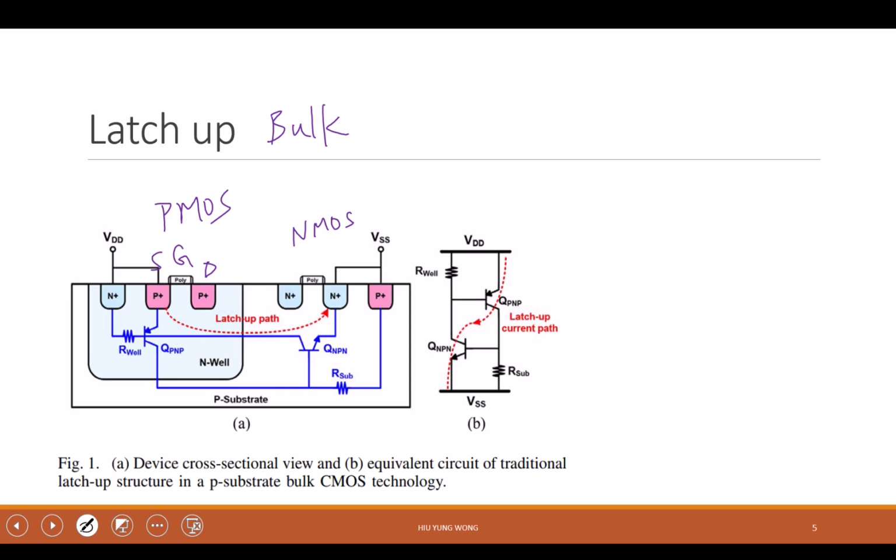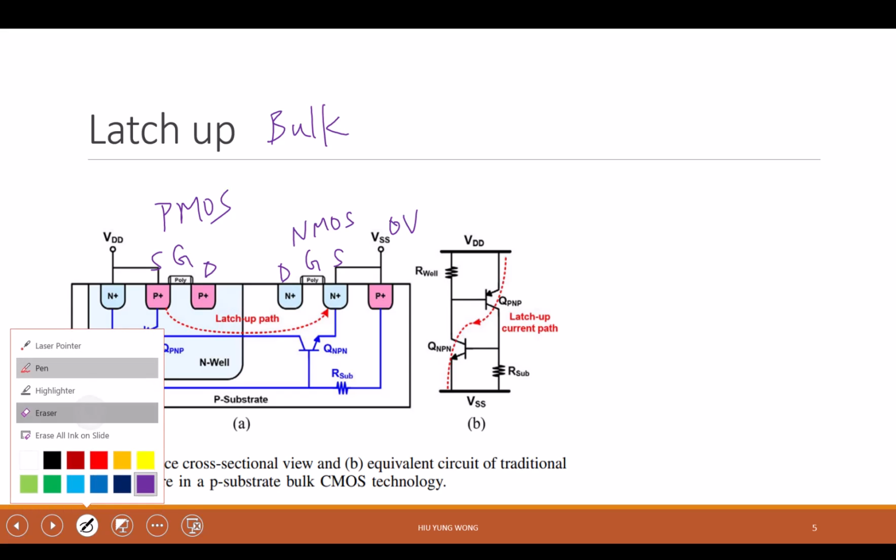This is just showing an example, and this is like an inverter. You have gate here, maybe this is the drain, this is the source, and again, we need to bias the substrate to a certain voltage through this P plus because this is the P substrate. So we bias this to 0 volt, for example, right?